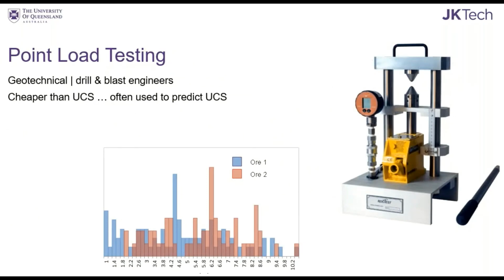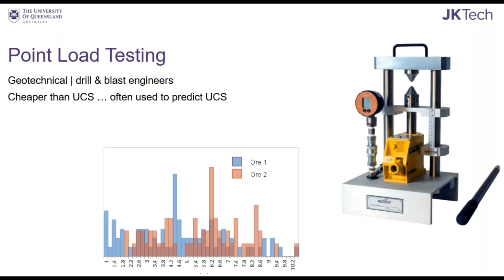The point load test is another test that can be used within the Geomet space with some success. It's a relatively simple test, as a lot of people can do it as part of geological logging in some companies. So some companies have quite large data sets of this data.